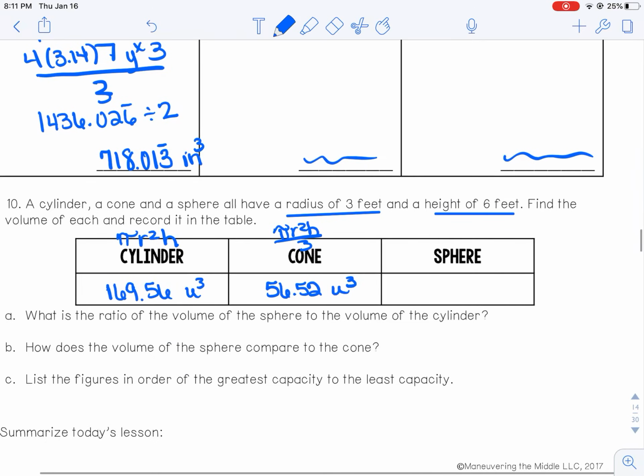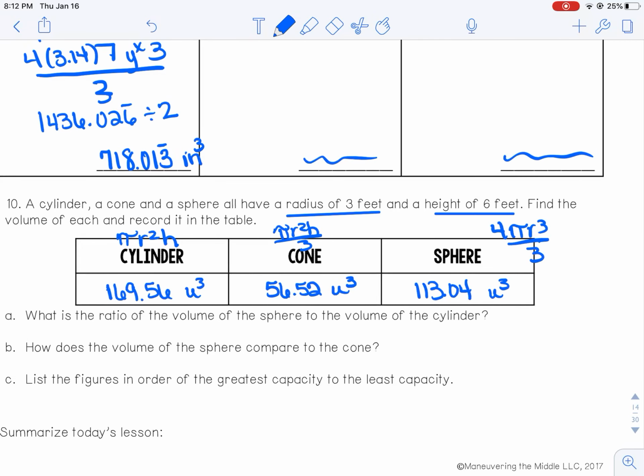And then what we learned today, 4 pi r to the third power divided by 3. So 4 times 3.14 times your radius of 3, raise it to the third power, divide by 3, gives you 113.04 units to the third power.